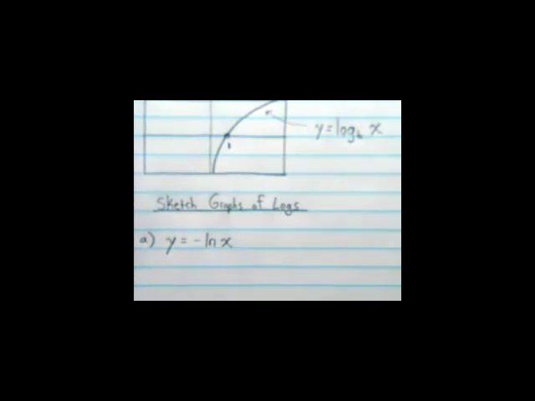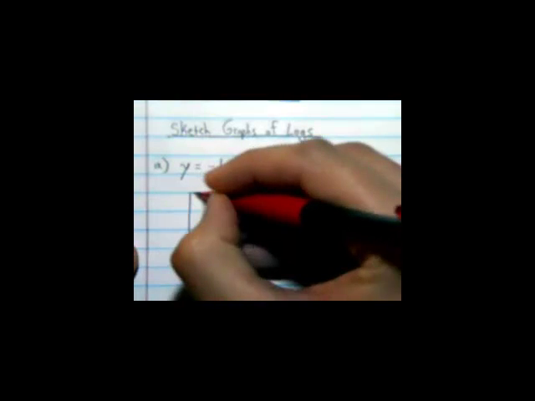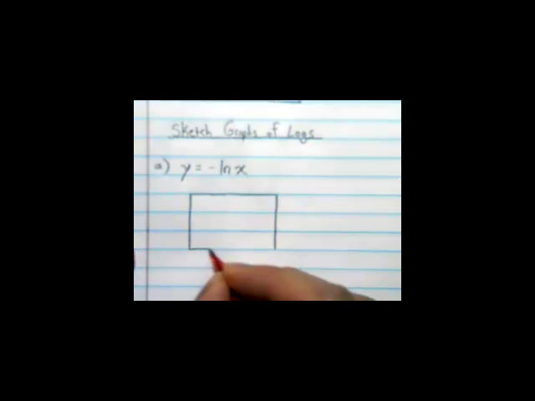So let's start with this. y equals negative natural log of x. Based on what you know about transformations, what should this look like? How is it different from the log graph that we started with up top?